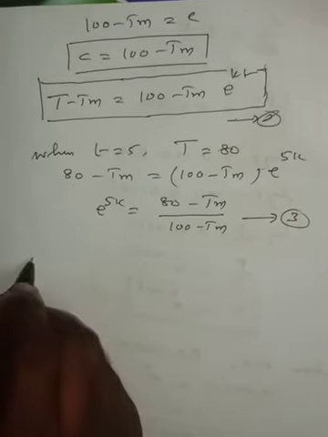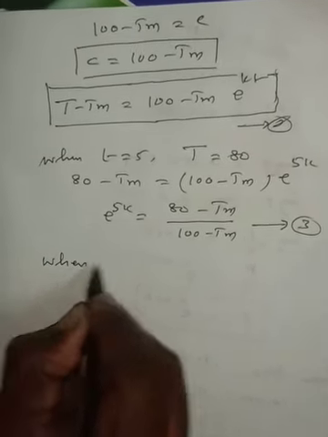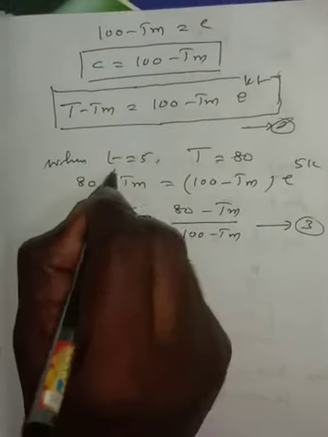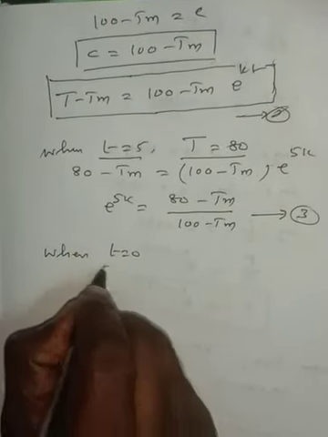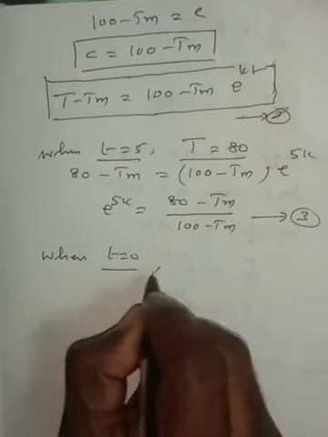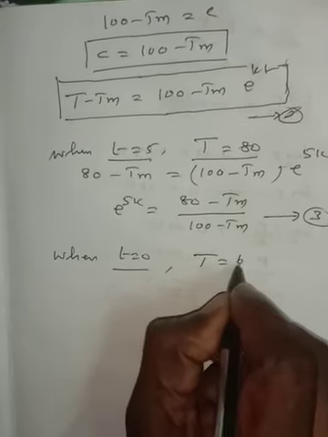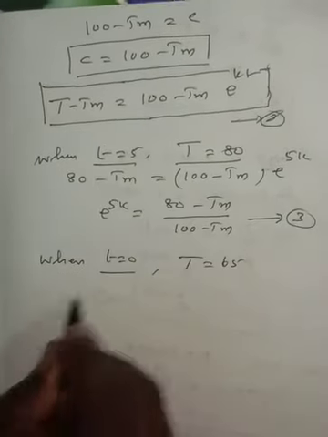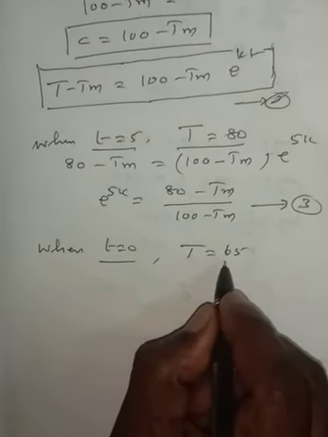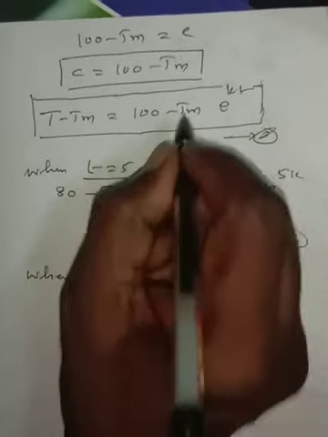When t is equal to 10, temperature is equal to 65 degree. Substitute this in equation number 2.